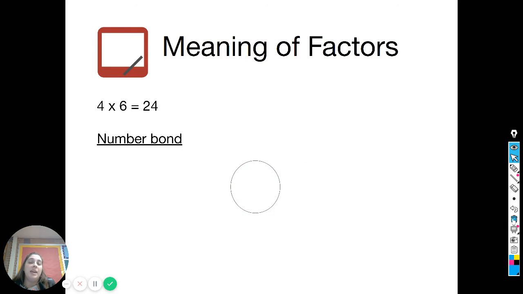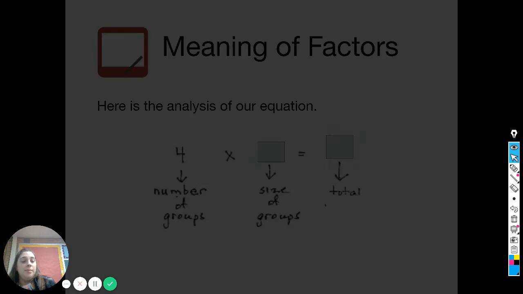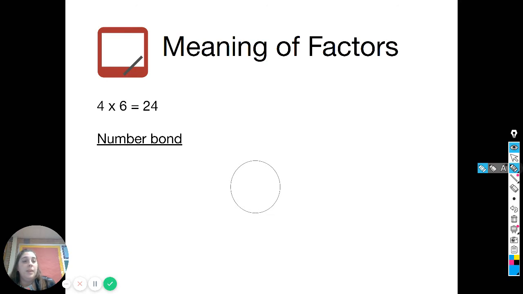Now I'm going to make the same multiplication equation, except I am going to make it into a number bond, okay? So this circle that's on the screen now is going to be my total, or my product, which is 24. 4 rows of 6 equals 24.